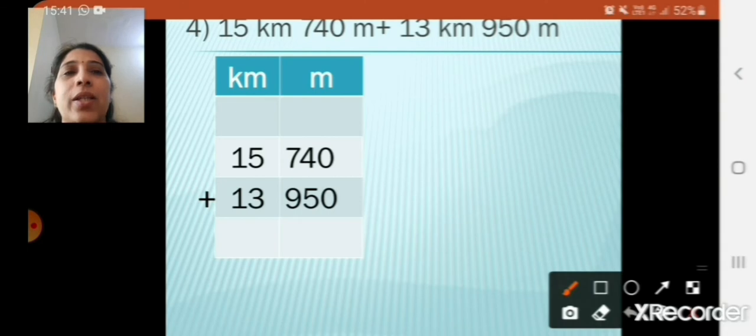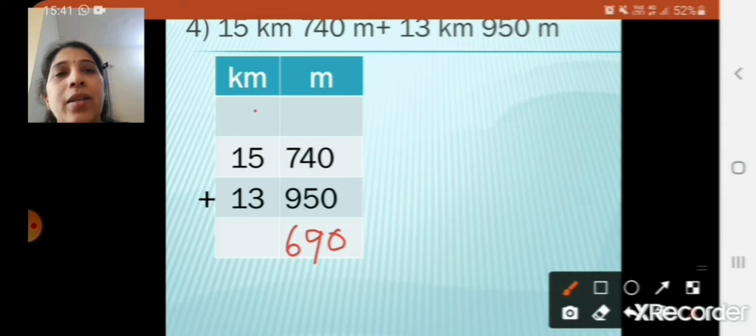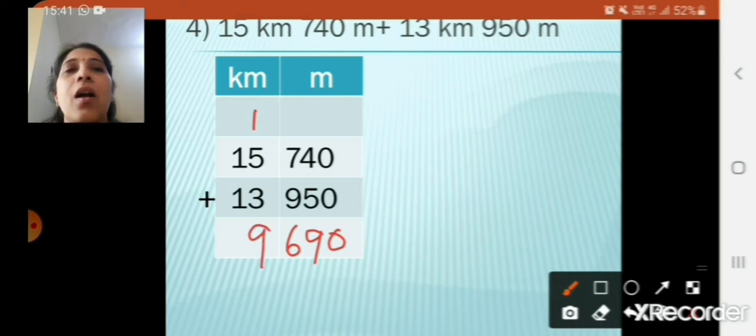Now we will carry out the addition. 0 plus 0 is 0. 4 plus 5 is 9. 7 plus 9 is 16. So 6 you will write here, 1 carried over, right? 1 plus 5 is 6, and 6 plus 3 is 9. 1 plus 1 is 2. Right?